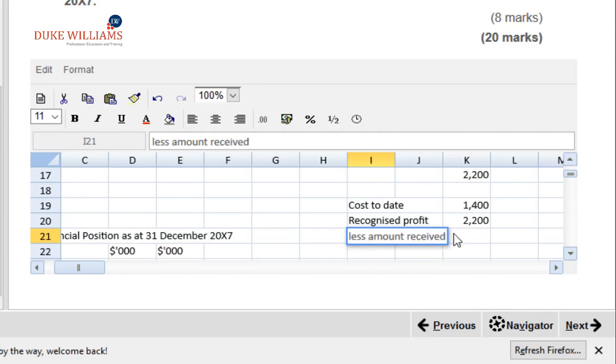We keep it simple. So it should be minus. You know why it's minus? Because we are lessing it. So the amount received so far from the contract was given as 1,000.